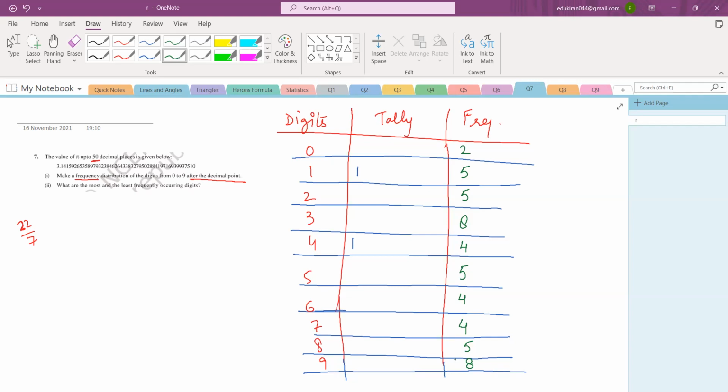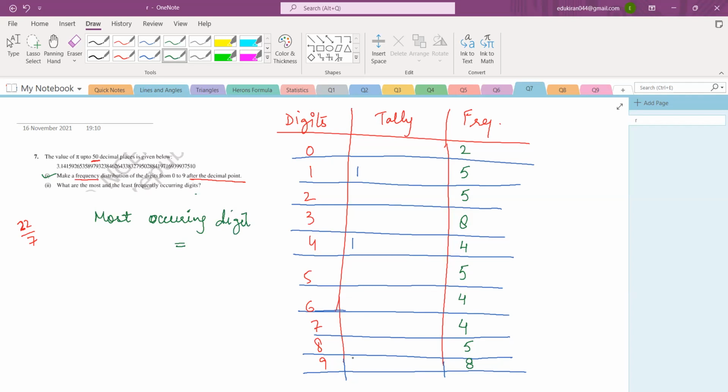Now look at the screen carefully. The first we have done, make a frequency distribution. Second, what are the most and the least frequently occurring digits? So which digit is coming the maximum number of times? Ma'am, 3 and 9.